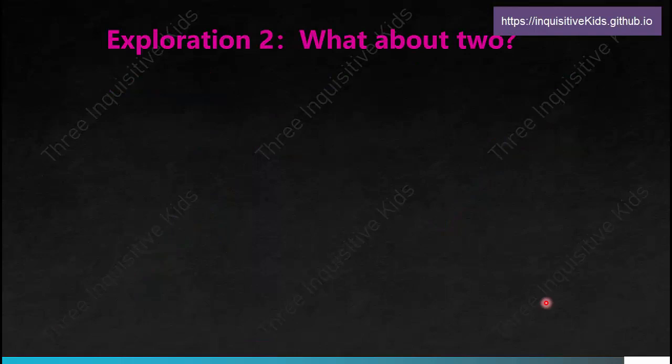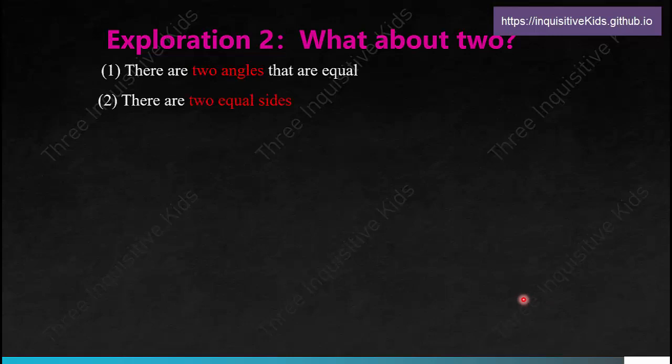Exploration 2. What about 2 pieces of information? 1, there are 2 angles that are equal, or 2, there are two equal sides. Or 3, on each triangle there is one equal side and one equal angle. So there are two triangles and we know that one of their sides are equal and one of their angles are equal. That's 3.